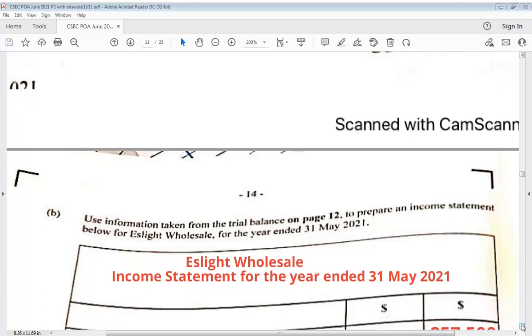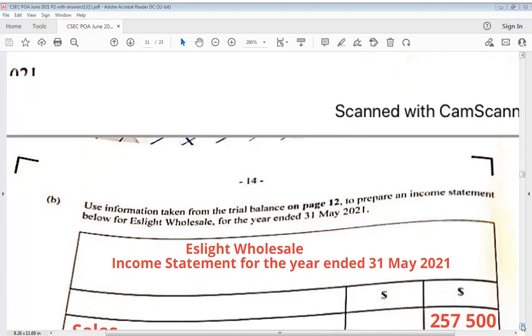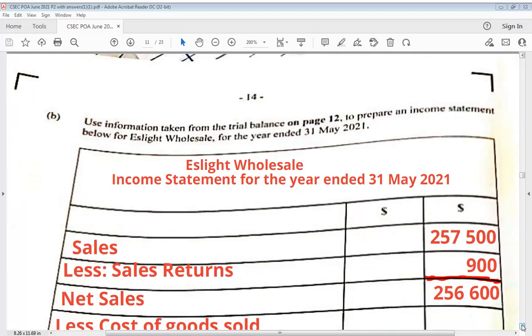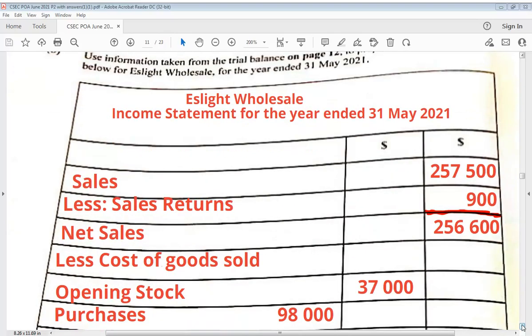So based on the information given, if you would go back, you would see all the information that we took from that is what I've put together to make this income statement. So we know the first thing, sales, which is 257,500. Then we're going to less our sales return, 900, and that would give our net sales 256,600.